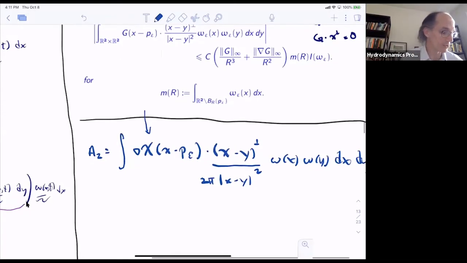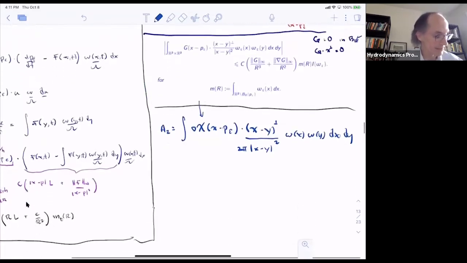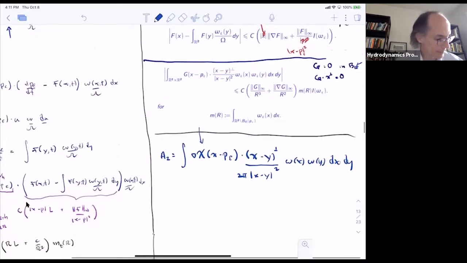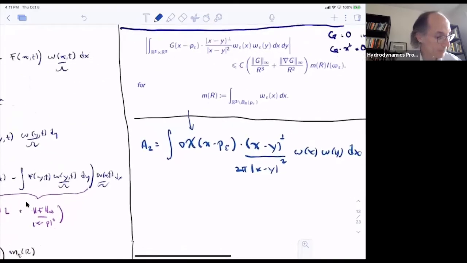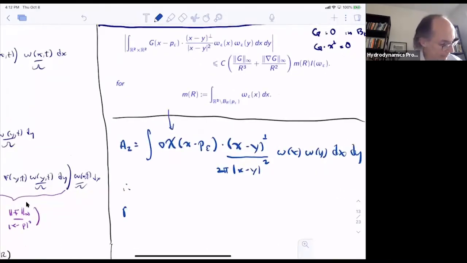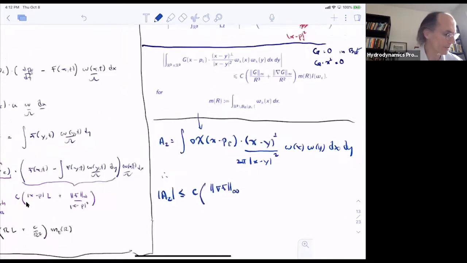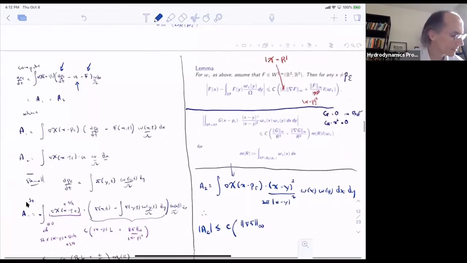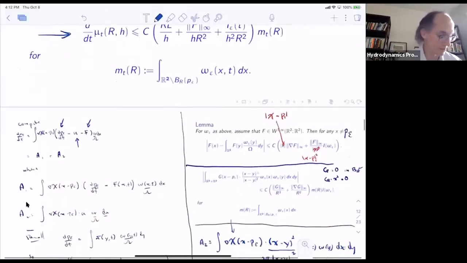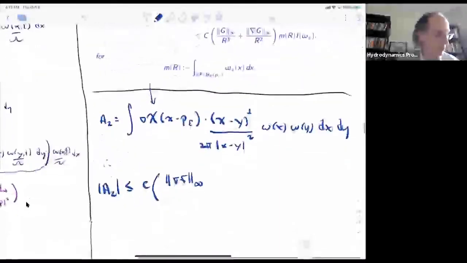to find that A2 is bounded by, well, I'll just recopy this stuff. What was R here? Right, R has the same meaning as above.